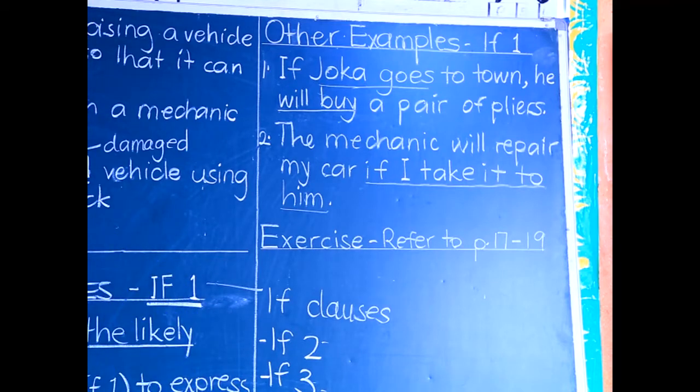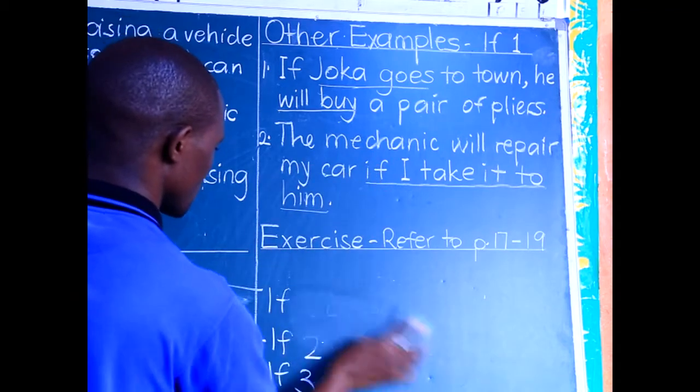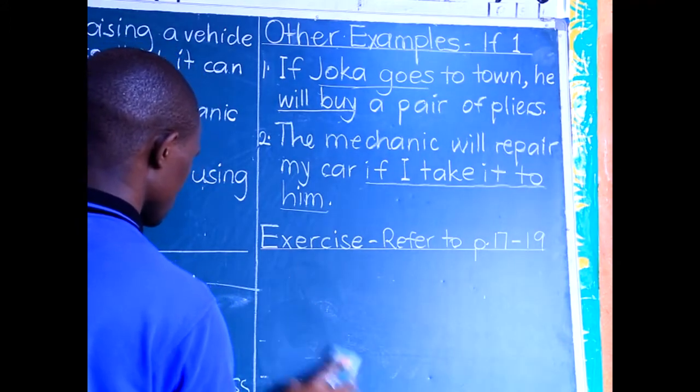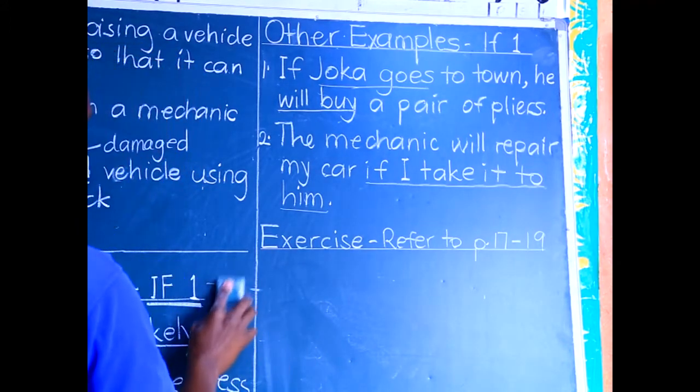Just master that. Teacher, do we have an activity about that? The answer is obviously yes. We have an activity connected to conditional sentences, and that is strictly if one, because it is what we come to discuss today, nothing more.